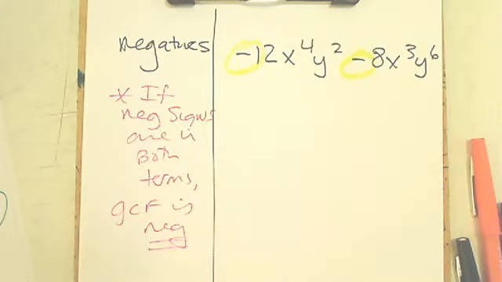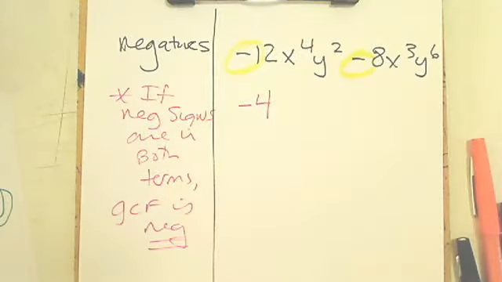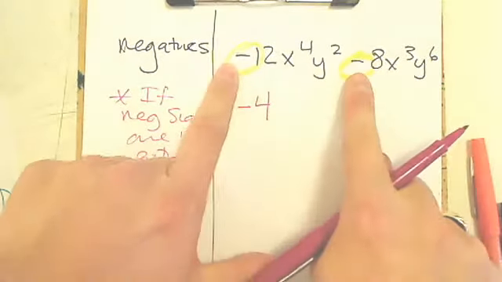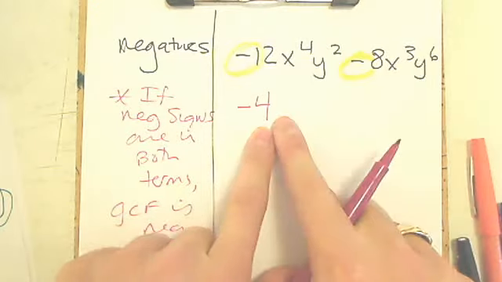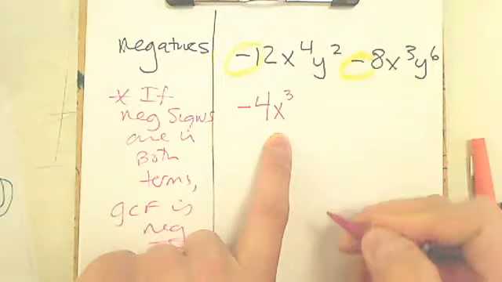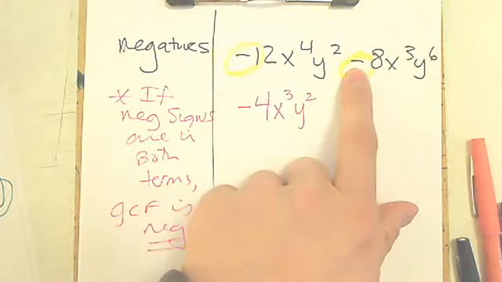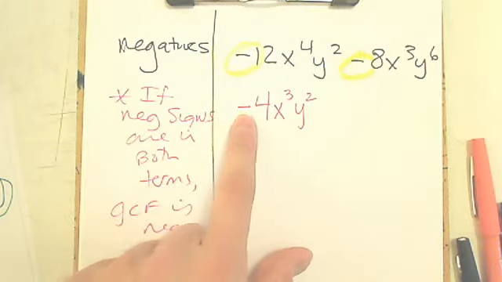Here in this case, 12 and 8, the GCF is negative 4, because the negative is present in both terms. What else is the GCF? x^3, y^2. We want to extract it out as much as we can.